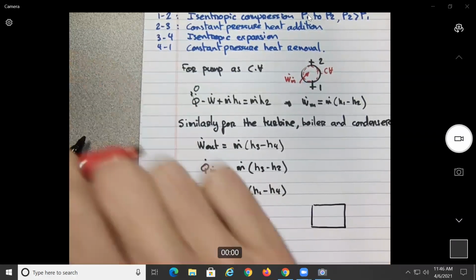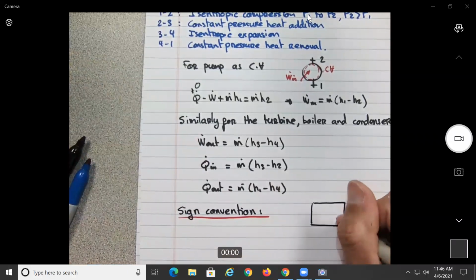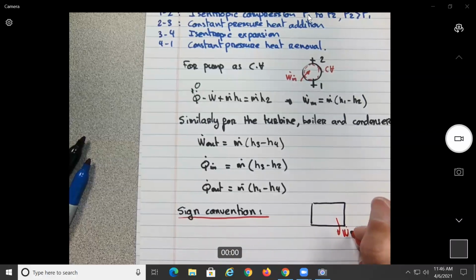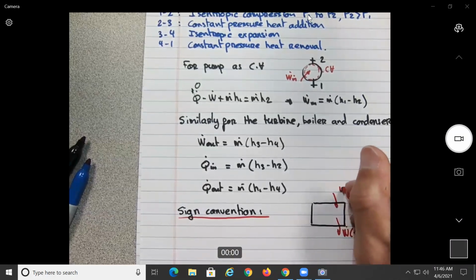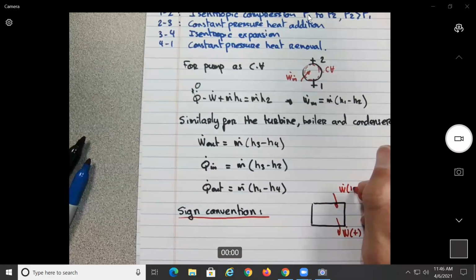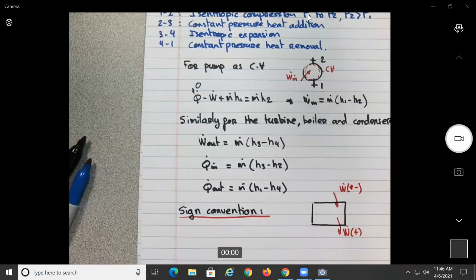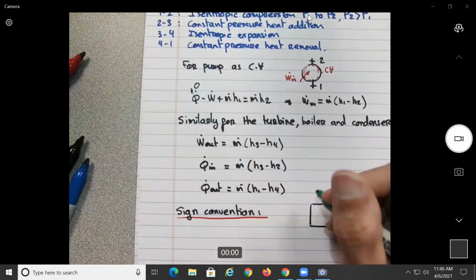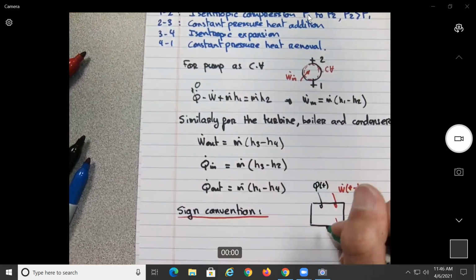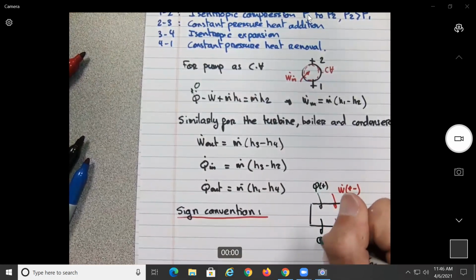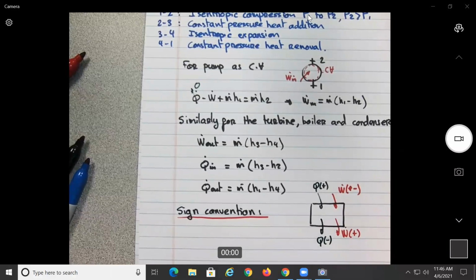This is our system, the textbook using the convention that the work or the power out is positive, so the power in is negative, but on the other hand, the heat going in is positive and the heat coming out of the system is negative, no?